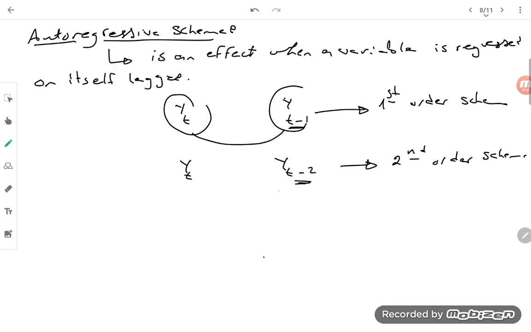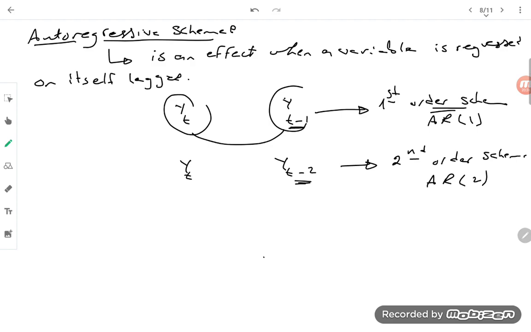If it's at t minus 3, it will be a third order scheme. We can write AR1 instead of first order scheme, which means first order scheme, AR2 second order scheme, and so on.